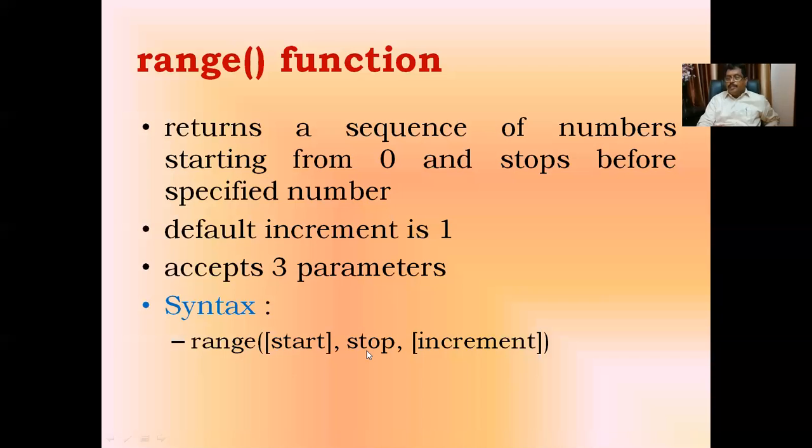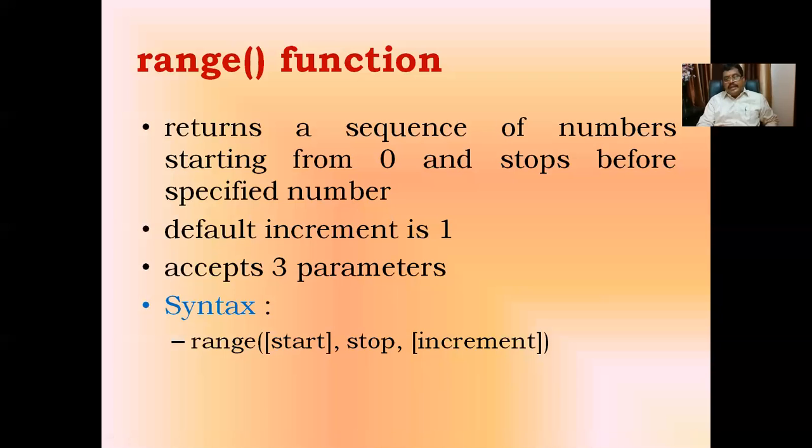The second parameter is the stop, where to stop, meaning whatever number we specify here minus 1 will be the last number. The next one is the increment. This one is also specified using square braces, because it is also optional.